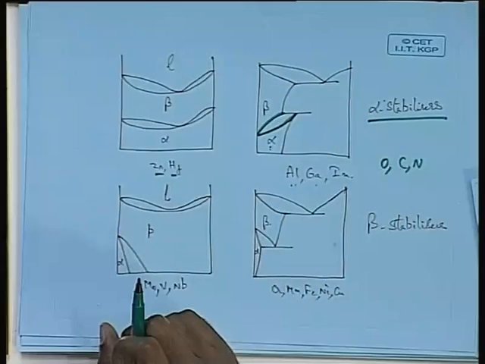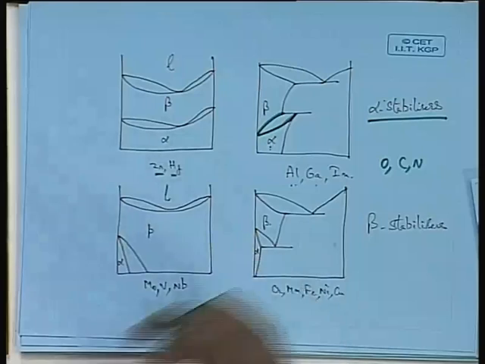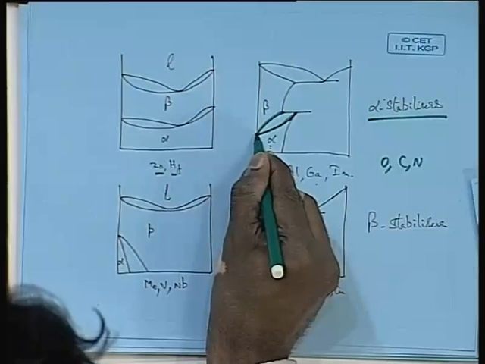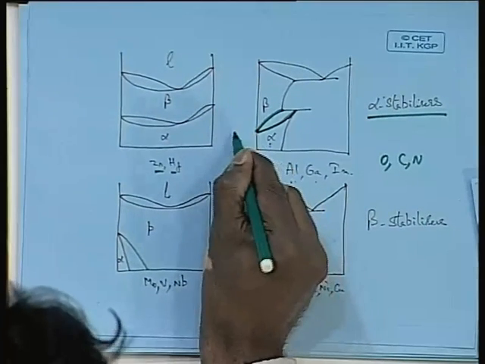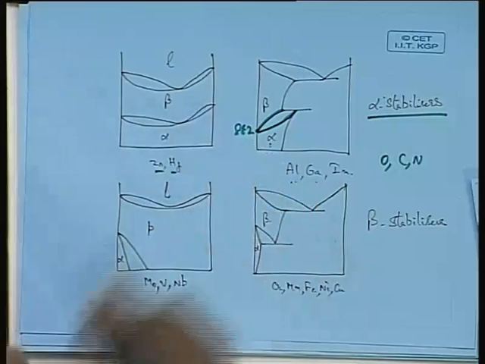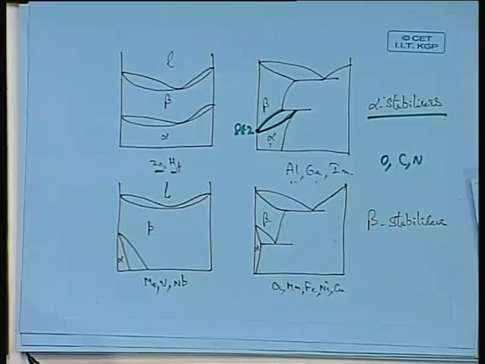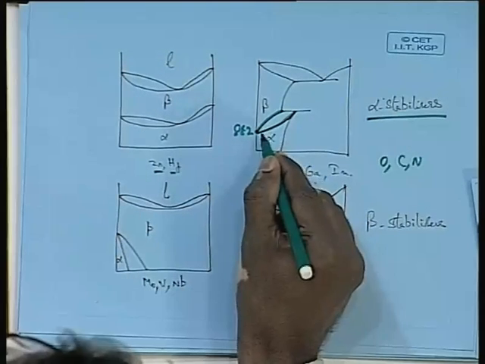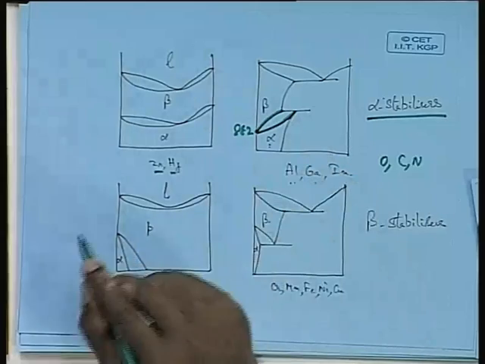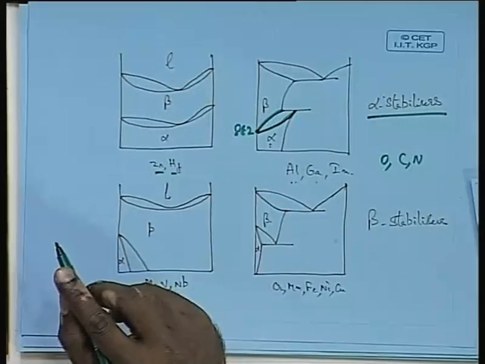So one has to look at this temperature, which is called the alpha beta transus temperature. When you do not add any element, this is equal to 882 for pure titanium, and when you add an element, it increases beyond that, and that is what is an alpha stabilizer.